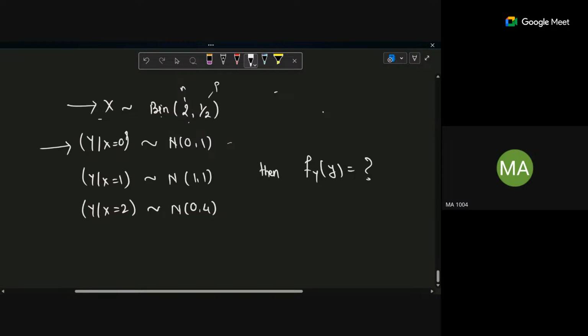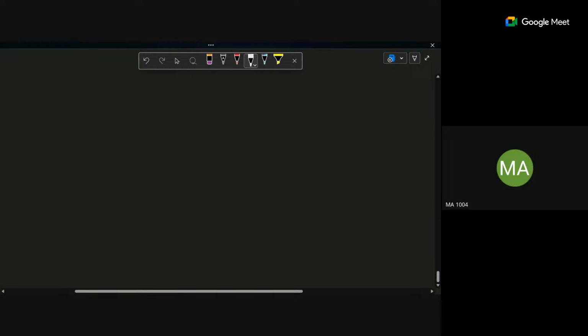Y given x is equal to. X is one random variable, and y is also a random variable, a continuous random variable. So what is y given x equal to 0?